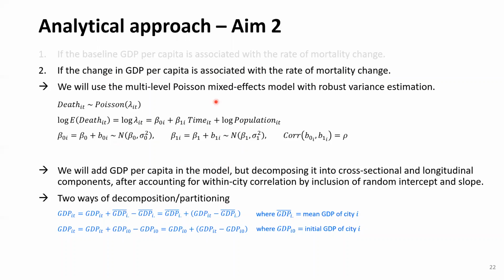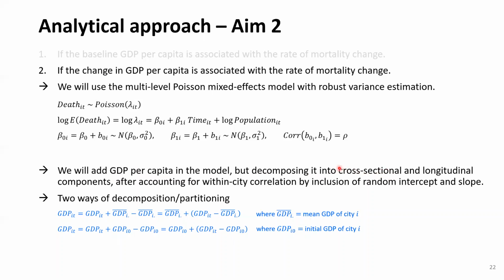Well, still we are going to use this model as a base, and afterwards we are going to include GDP per capita. But this time, we are going to split GDP into two components. One is cross-sectional and the other is longitudinal.